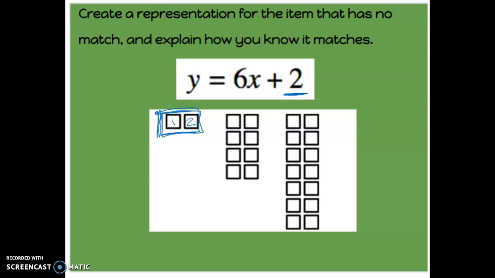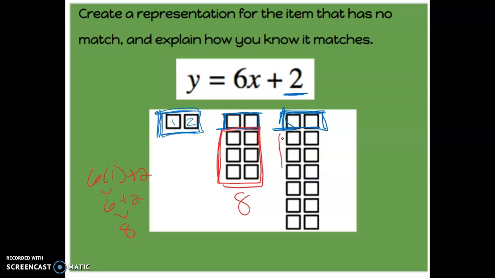And each time that I add to my set of 2 squares, my original 2 squares, which are going to be right here, I'm adding 6 more to them. So if I took 6 times 1 plus 2, that would be 6 plus 2, which would be 8. So this first one right here is actually going to be 8.